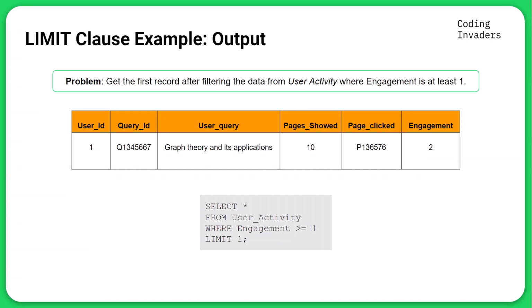Let's go over the query which says select star, selecting all the columns from user activity table where engagement value is greater than or equal to 1. So we are filtering the data from user activity table where engagement value is greater than or equal to 1. And then from there we want only the first row. That's why limit 1. So let's run this code also in Metabase.